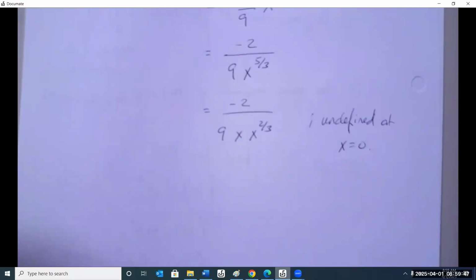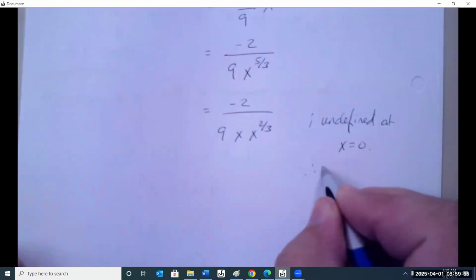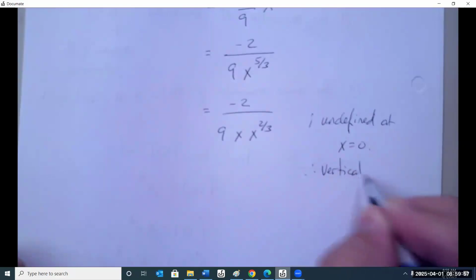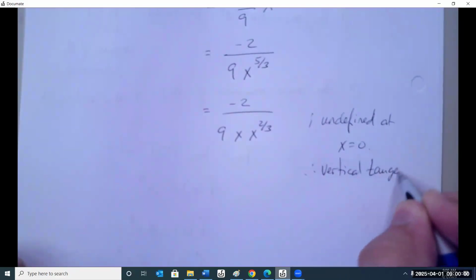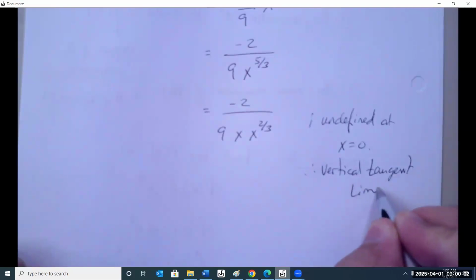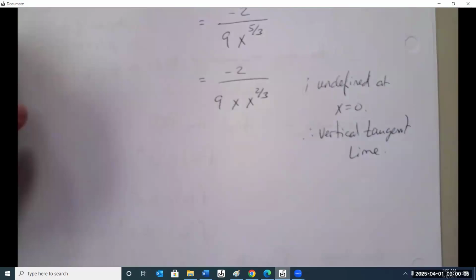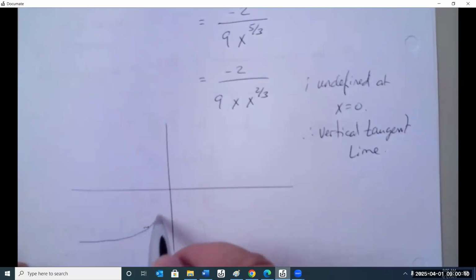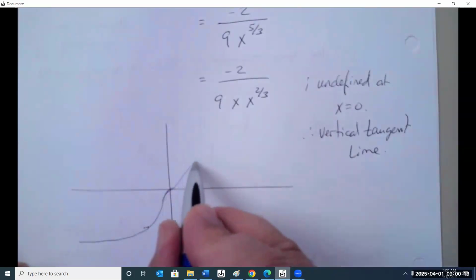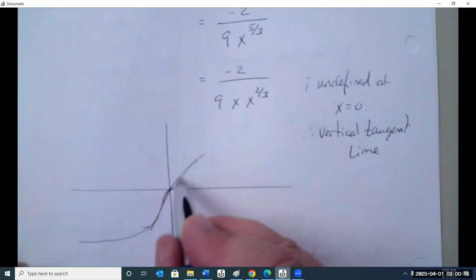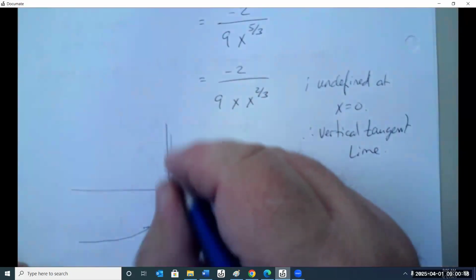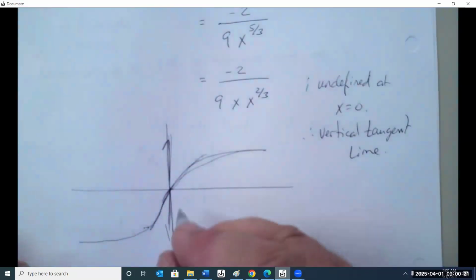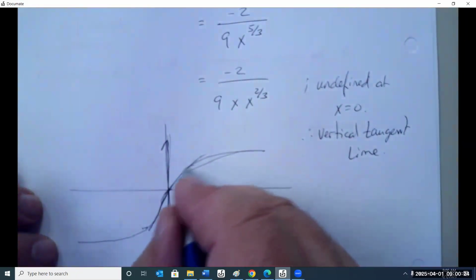When x is on the bottom and goes to 0, it's a vertical asymptote, which gives us a vertical tangent line because it's an asymptote. The graph of this function would look like this. Right inside here, the curve actually is a lot steeper.